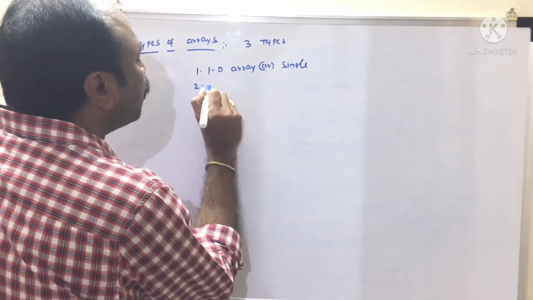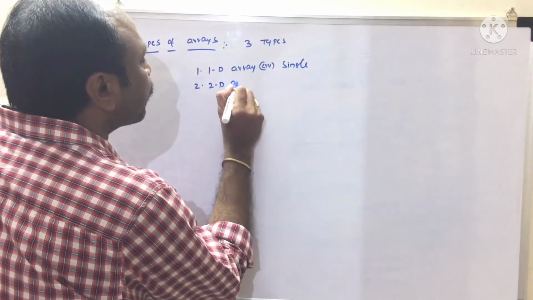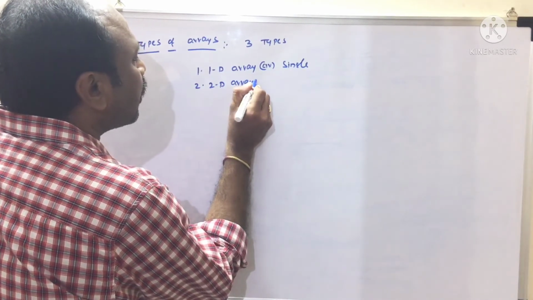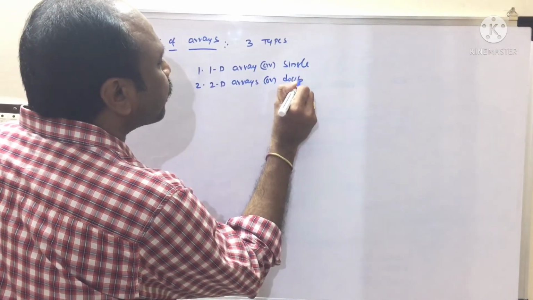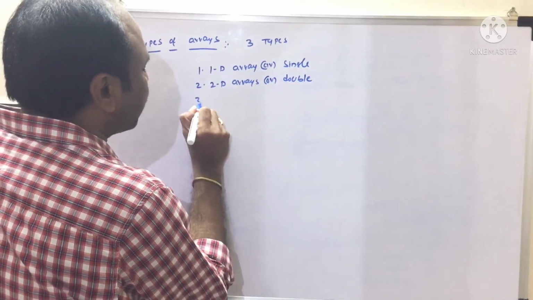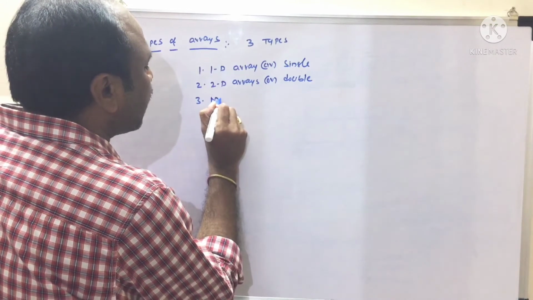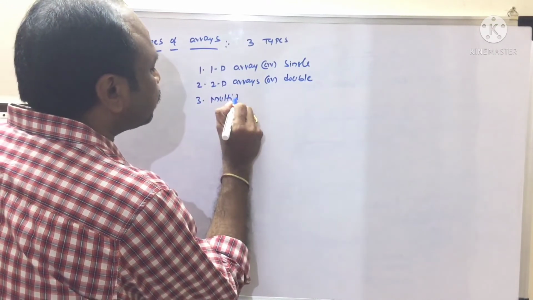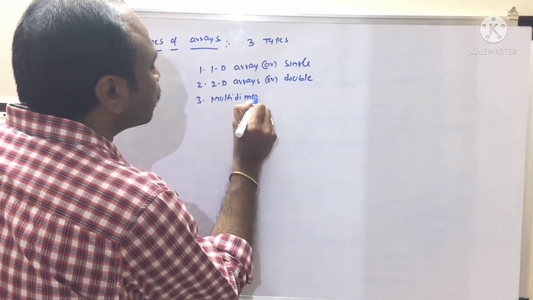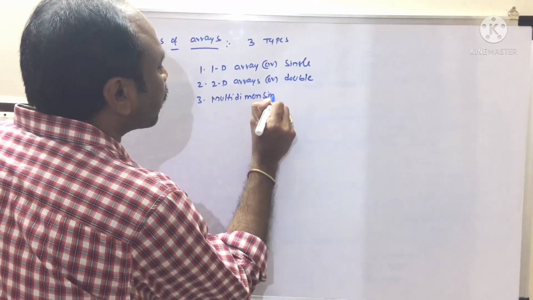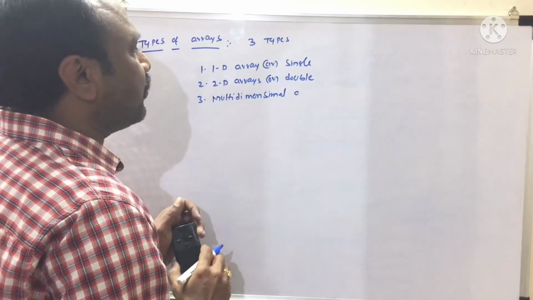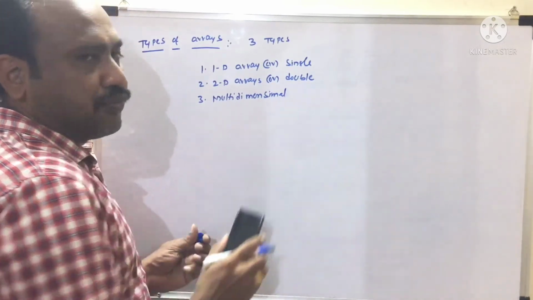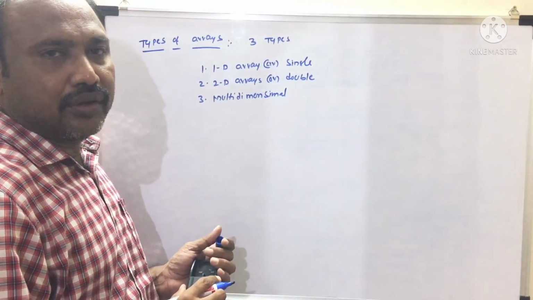Number 2, 2D arrays or double-dimensional arrays. Number 3, multi-dimensional arrays. These are the different types of arrays.